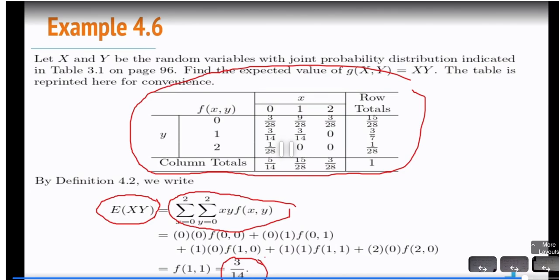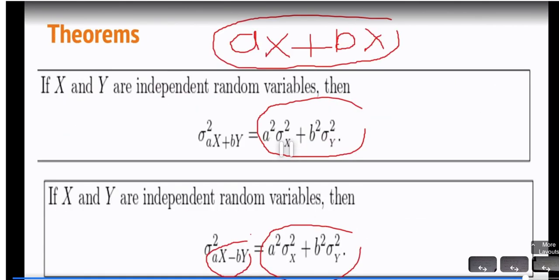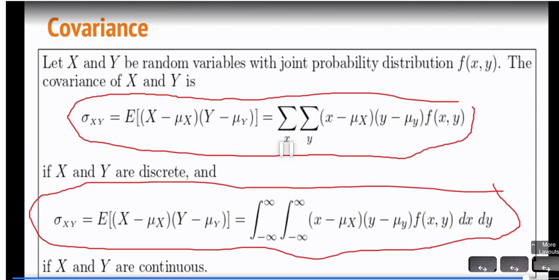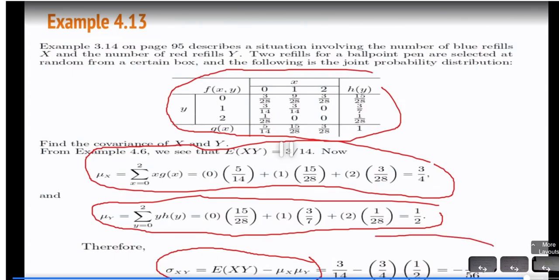Now, this is my covariance. You see that?